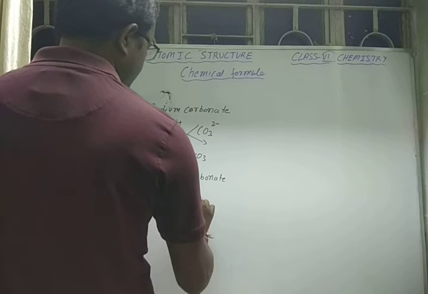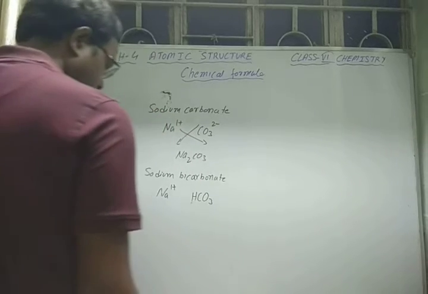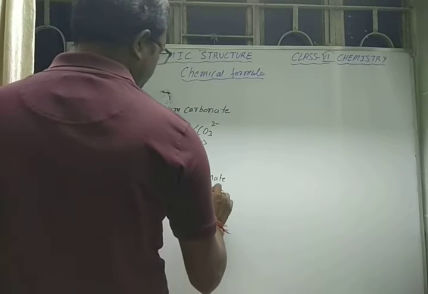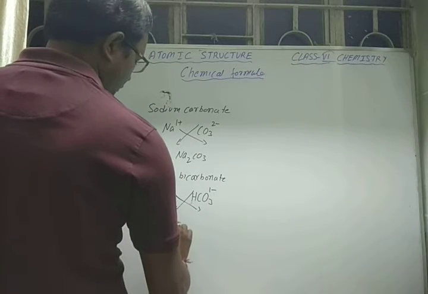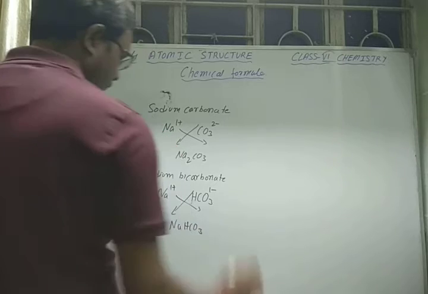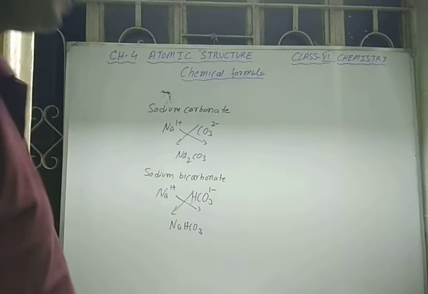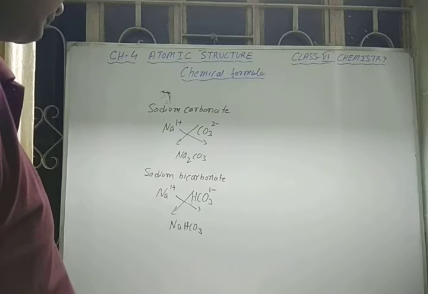Bicarbonate means it is polyatomic HCO3. Its valency is also minus 1. So when you do the crisscross, it will become NaHCO3. In this way you have to make the formula of sodium bicarbonate.